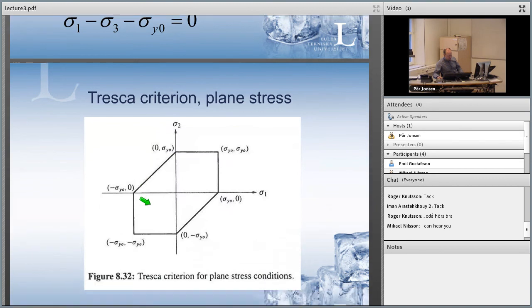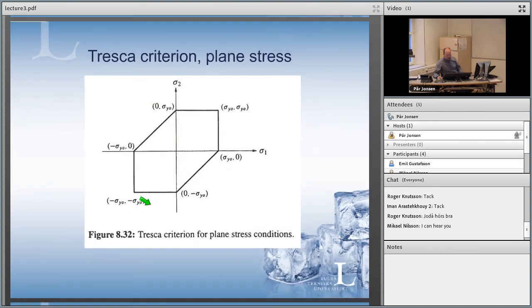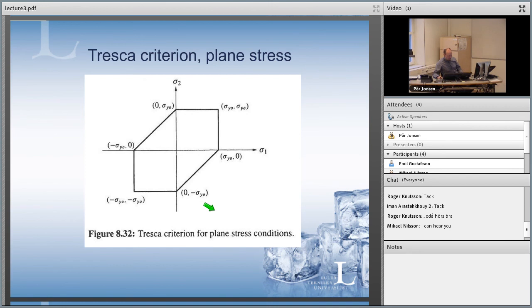And in plane stress, if you remember the von Mises model, here you have a square instead. It's still symmetric all over stress space for sigma 1 and sigma 2, but you have squares instead of an ellipse.